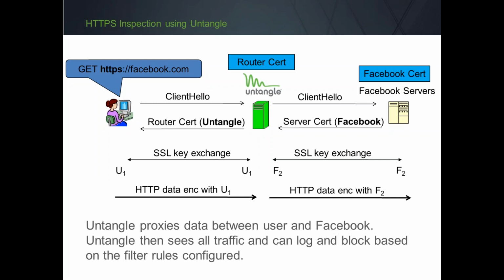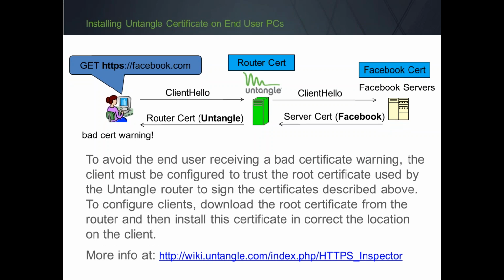So the key idea for HTTPS Inspector is to proxy those requests so we can see what's going on underneath. And that's how we do it with this particular slide. What's going to happen is Untangle is going to see the request from the user to get the Facebook key.